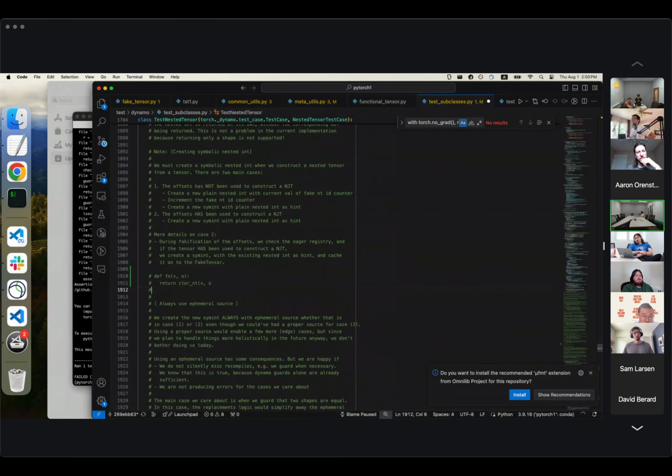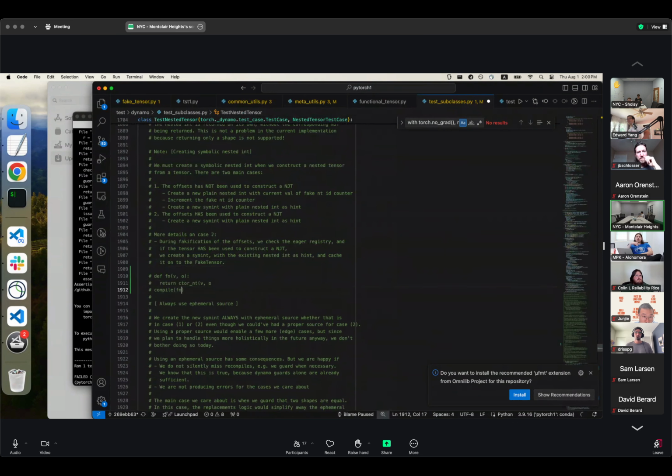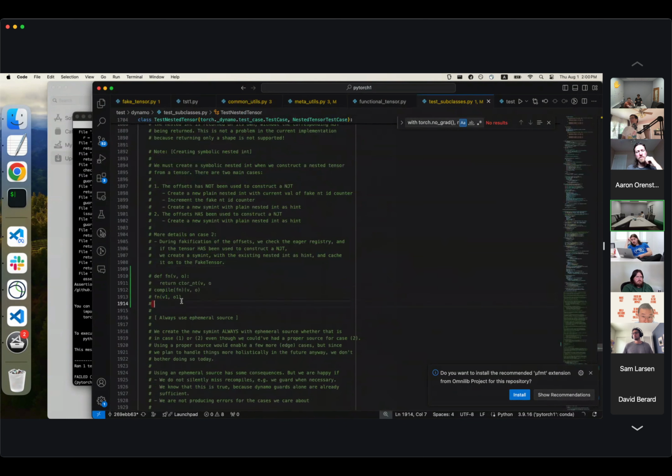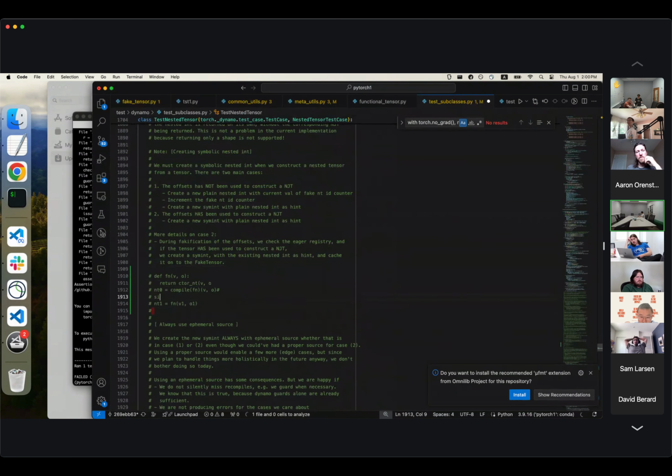You compile this function, run it, and then run it again with new offsets. We want the side effect of this to be the global counter, so it would actually increment the counter here.